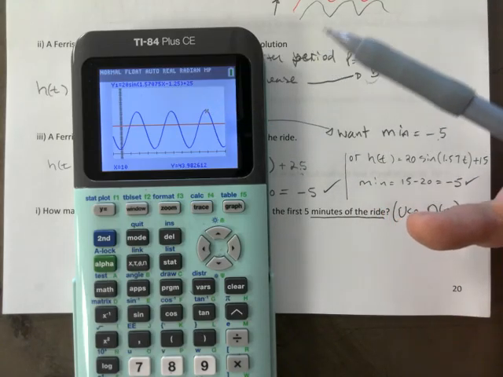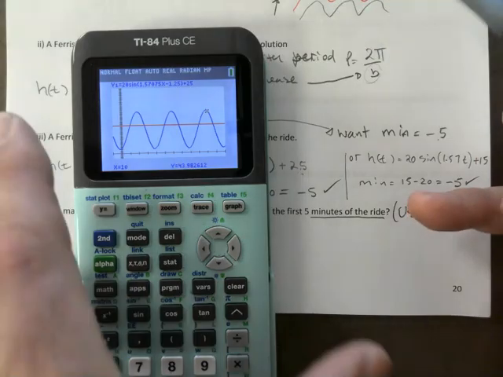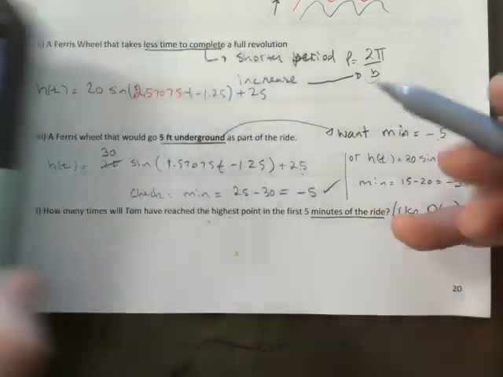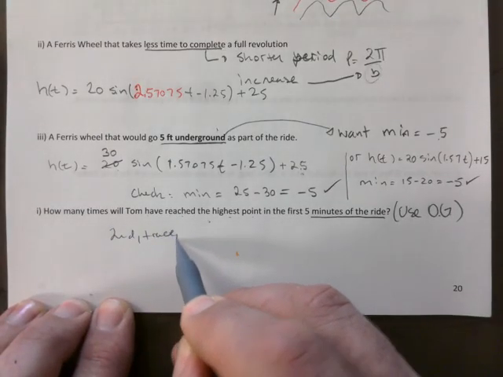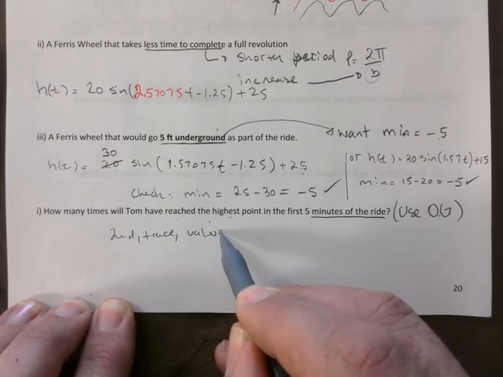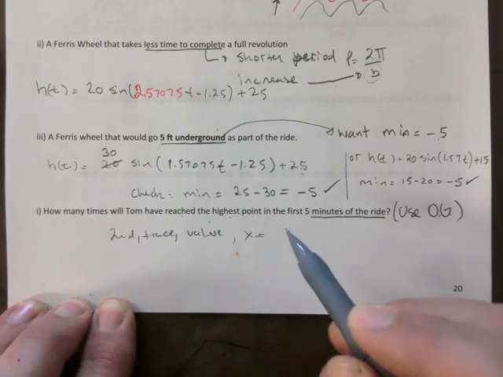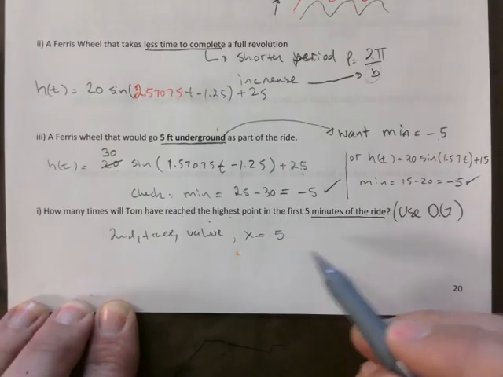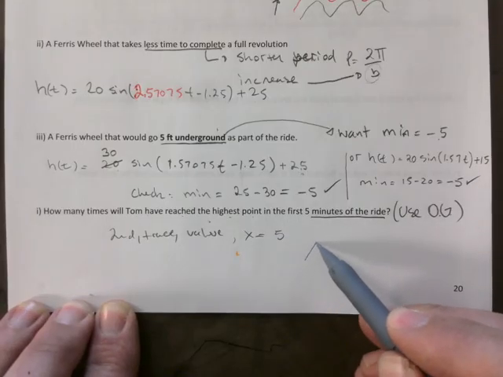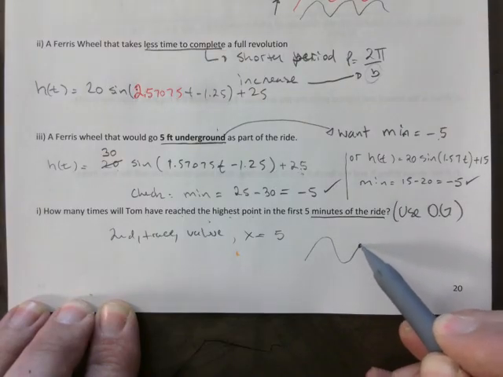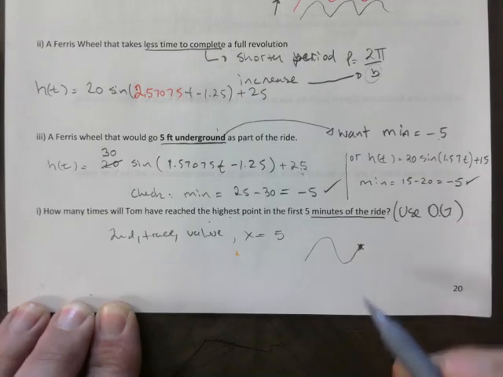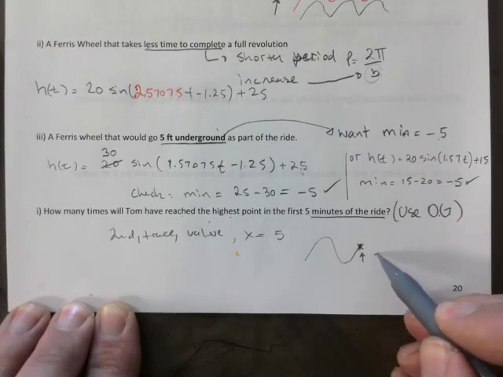That's the best way I know how to do it, okay? When it asks you questions like that, I'll just say this. Second trace value, x is equal to 5, and I'm just going to make this on my graph here. It was blinking right here. Okay, this is the 5.